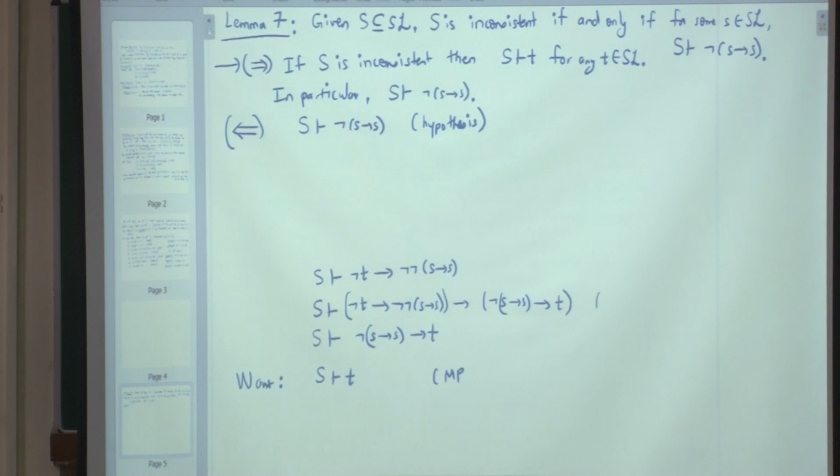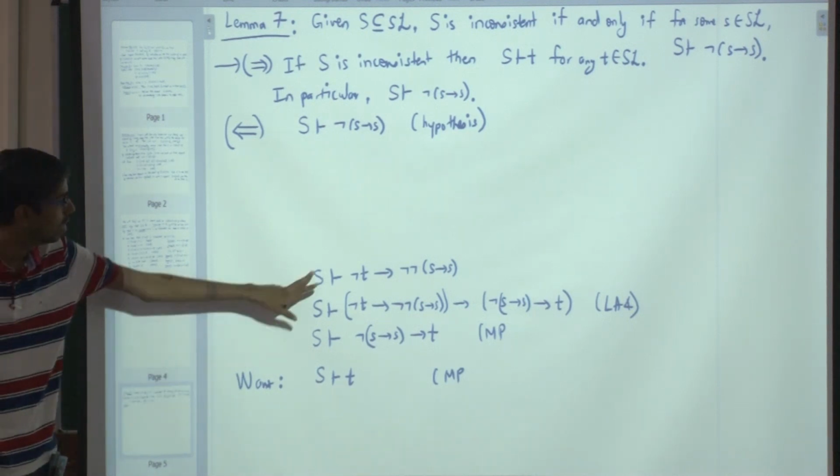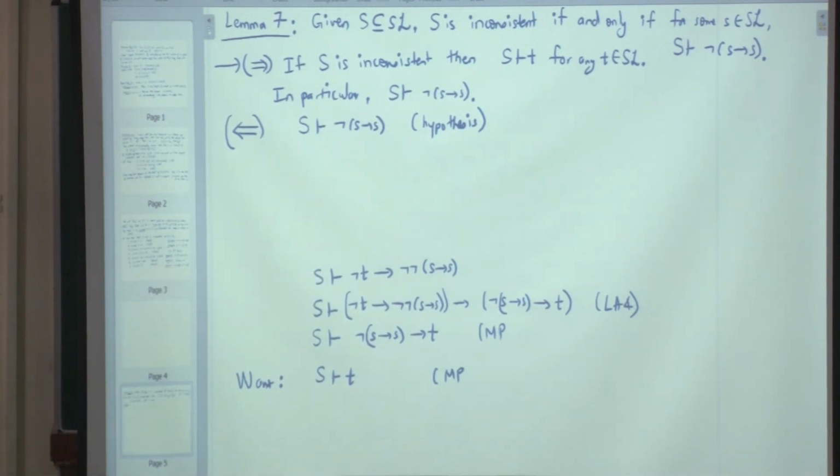So this would be LA4 and then this would be appropriate MP. Okay, now we are getting closer. How do we obtain something like this? Because T is arbitrary, it gives us the vibe of LA1.